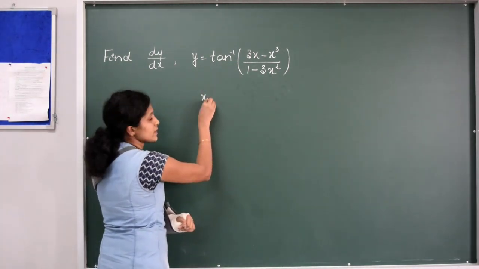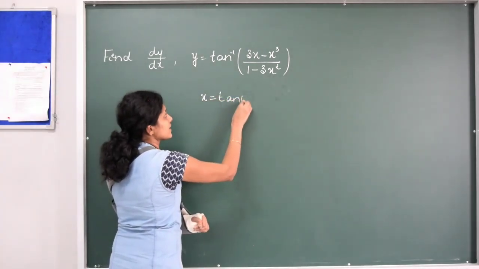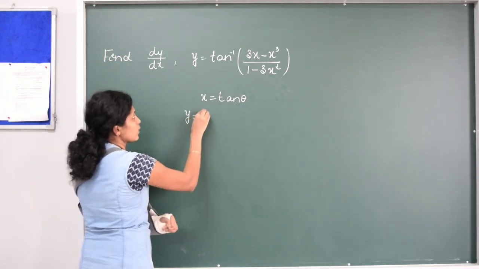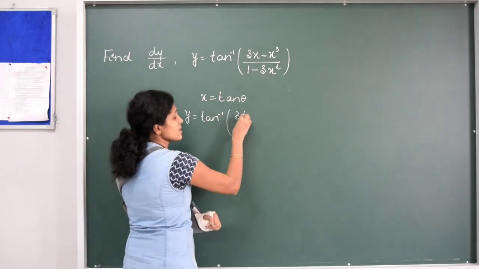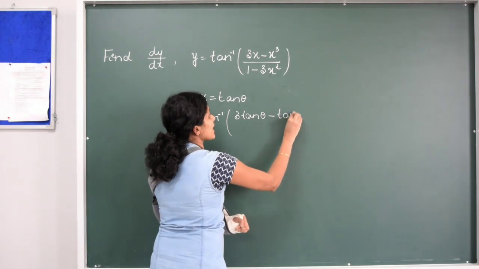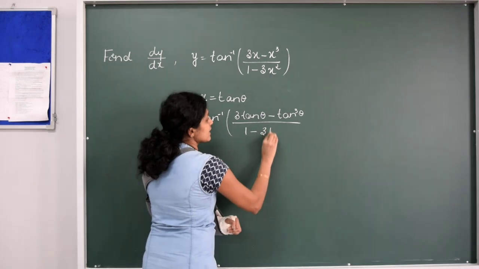Now what substitution we have to give to simplify this one? We know that it is x is equal to tan theta. Is it clear? If I give that substitution x as tan theta, then y is equal to tan inverse of 3 tan theta minus tan cube theta divided by 1 minus 3 tan square theta.